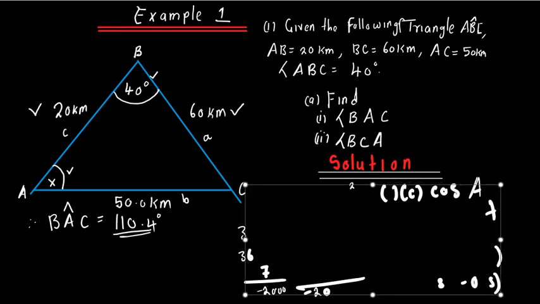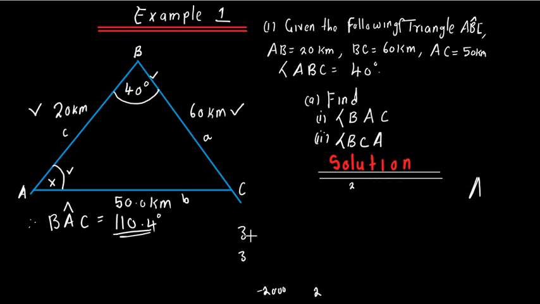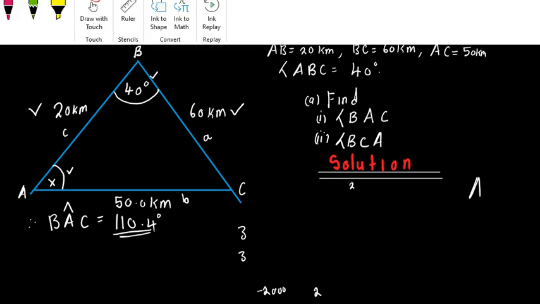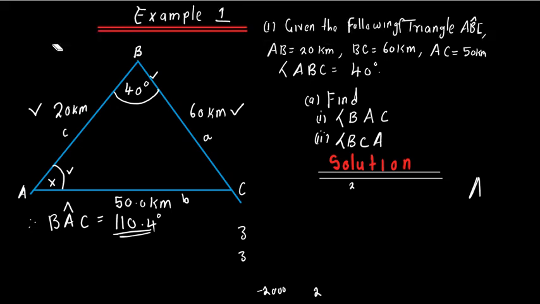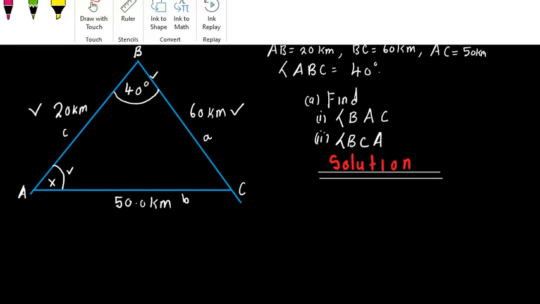So this is very, very simple, just a matter of understanding. Okay, it's very simple to do both the cosine and the sine rule. Okay, let's get to calculate C.